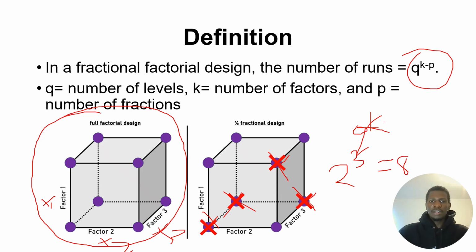If you add minus p here, where p equals 1, then we are going to have 2 raised to the power 3 minus 1, which equals 4. So in a fractional factorial design, for a 2-level 3 factors, instead of running 8 experiments as in a typical full factorial design, we run just 4 of those experiments.